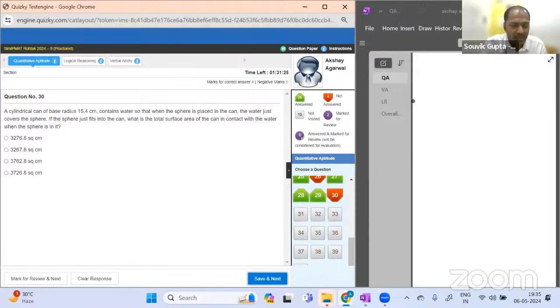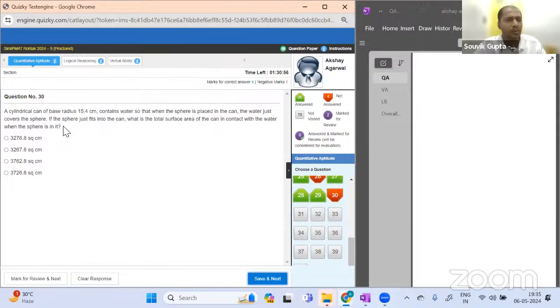A can of base radius this contains water, so that when the sphere is placed in the can, is there a diagram? The water just covers the sphere. If the sphere just fits into the can, what is the total surface area of the can in contact with the water when the sphere is in it?